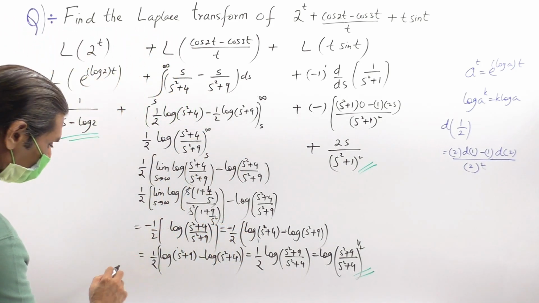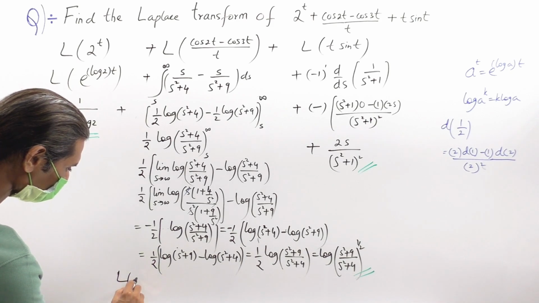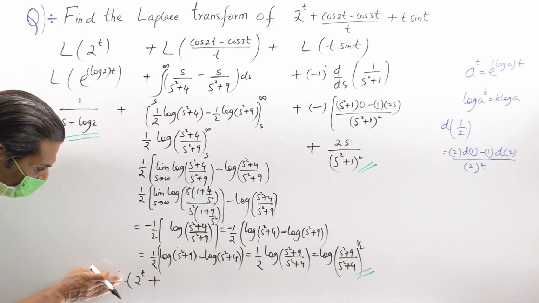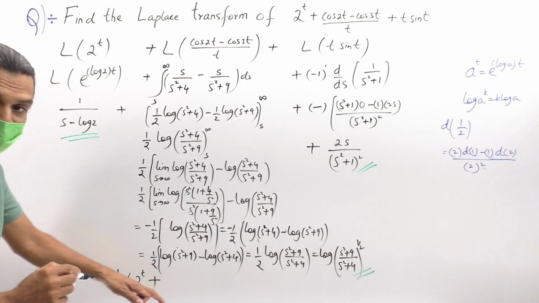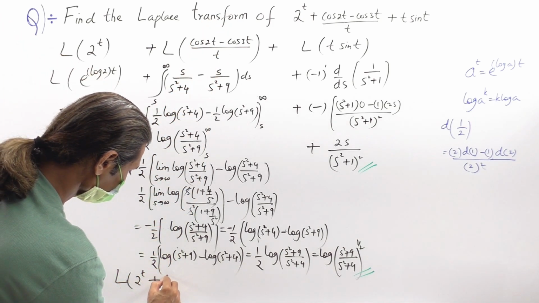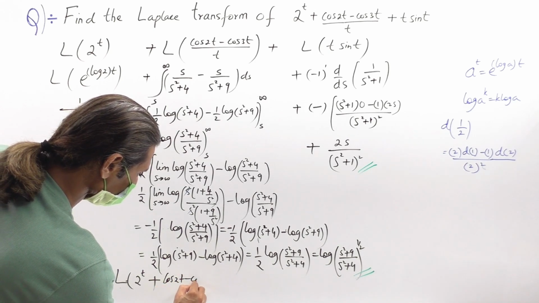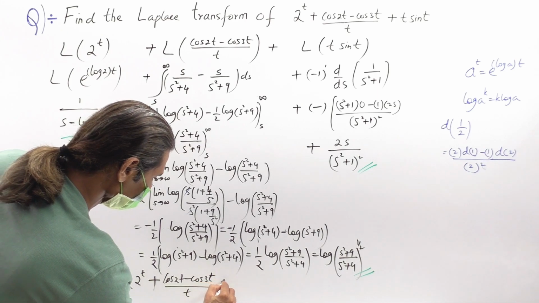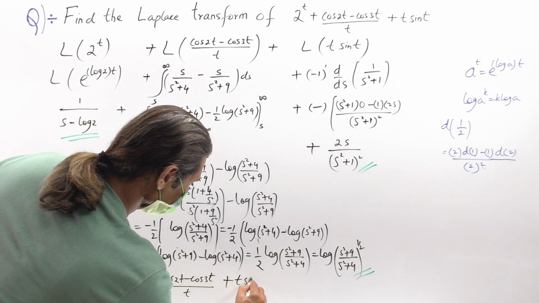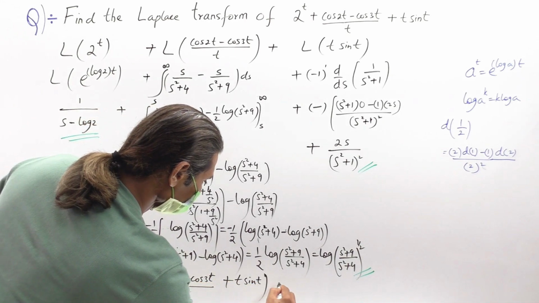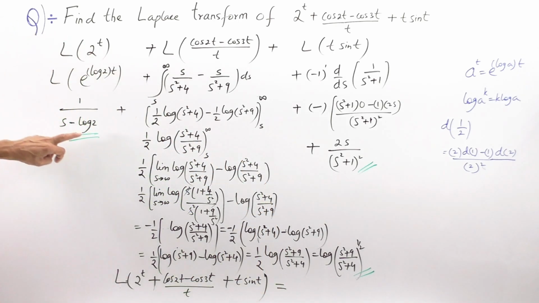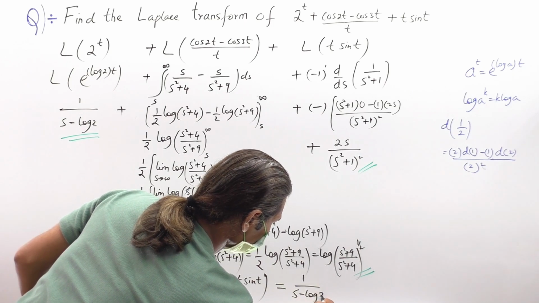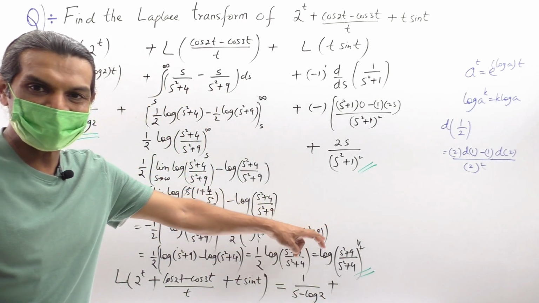So we can write, therefore, Laplace of 2 raised to t plus cos 2t minus cos 3t divided by t plus t into sin t is equal to 1 by s minus log 2 plus... I write this in standard form.